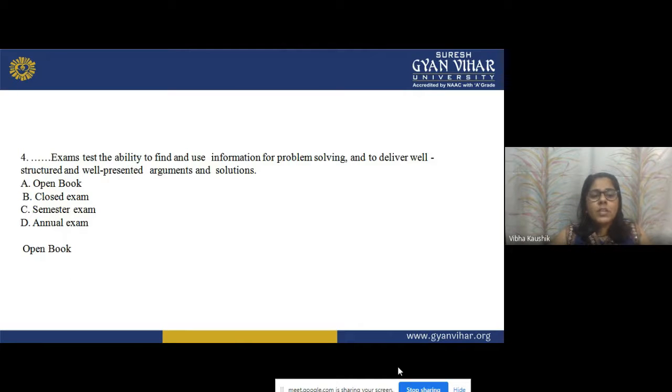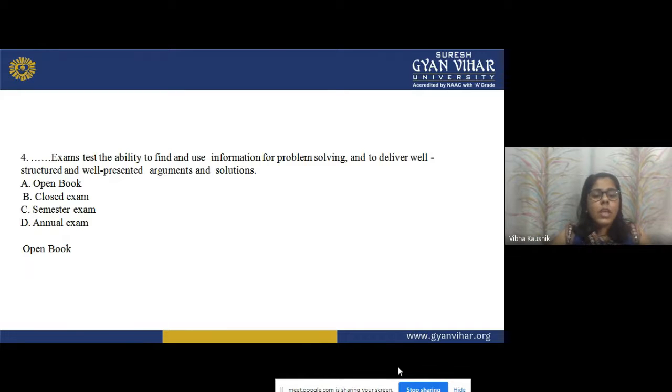Fourth one is dash exam. Tests the ability to find the information and use the information. First, you will find the information, then you will use the information for problem solving, and that information will be used by you to solve the problem and to deliver well structured and well presented arguments and solutions related to that particular task.